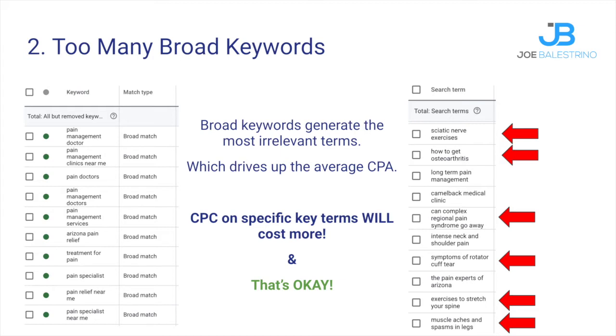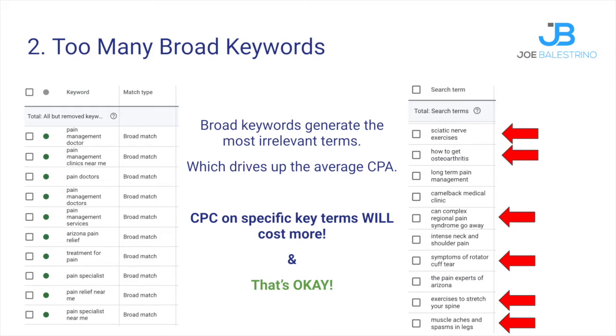But if I'm spending money for a client and they're a pain doctor and they want patients, I'm going to start out focusing specifically on what it is they do, because someone searching pain doctor near me or pain management services near me is going to be way more relevant and more likely to convert than someone looking for symptoms of a rotator cuff tear.